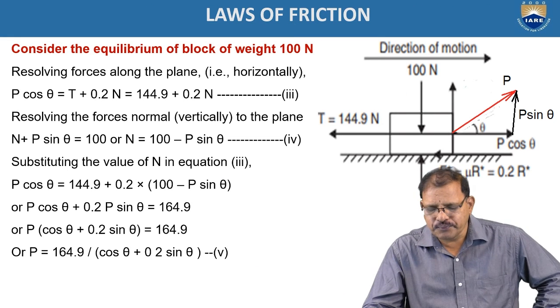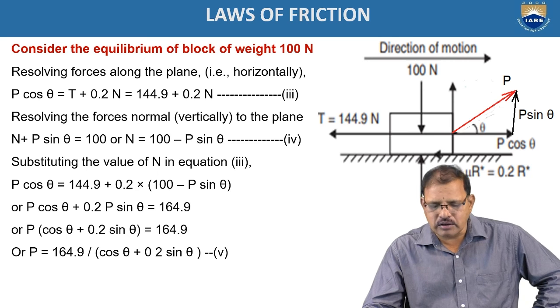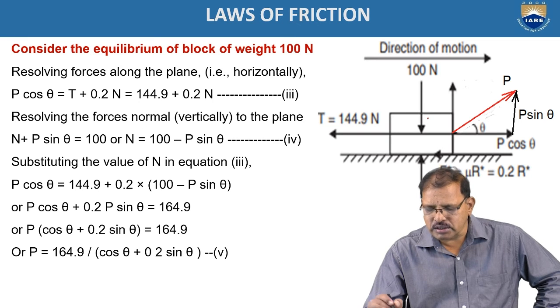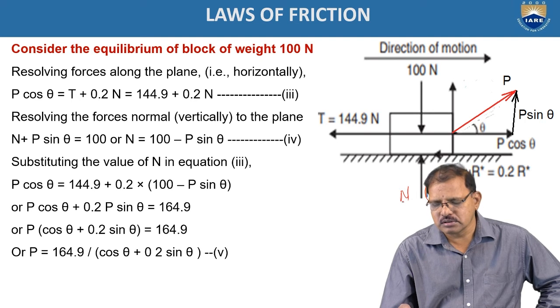Now I am considering the free body diagram for the second body, which has weight equal to 100 Newtons acting in downward direction, and the normal reaction in upward direction.